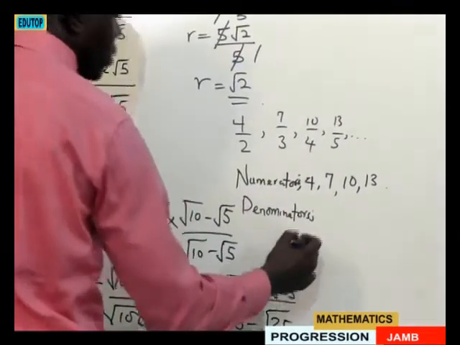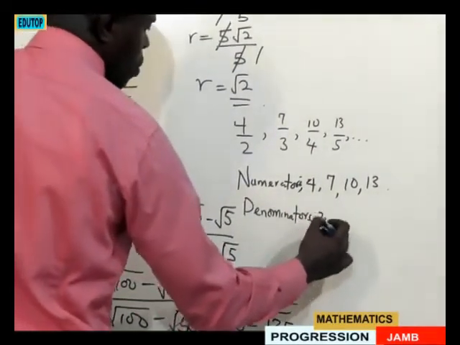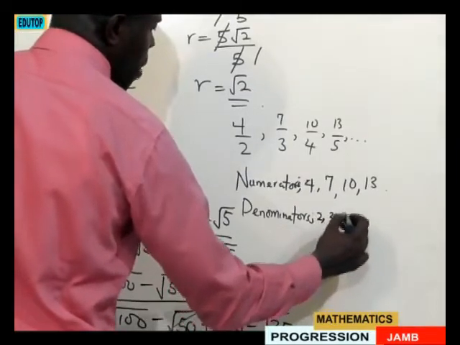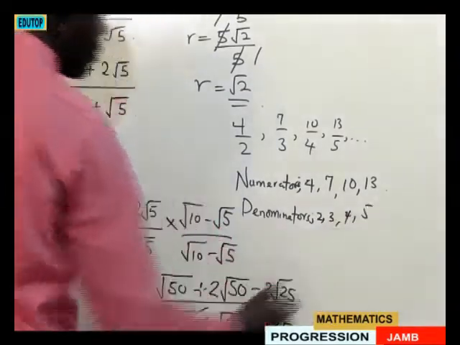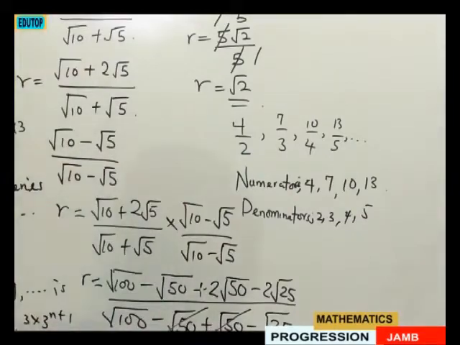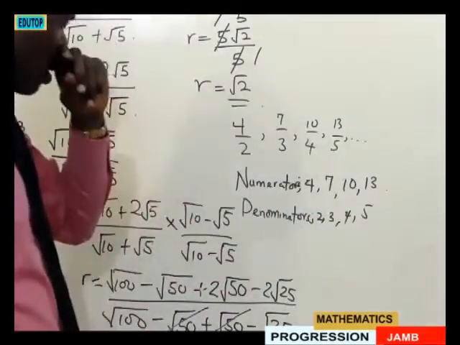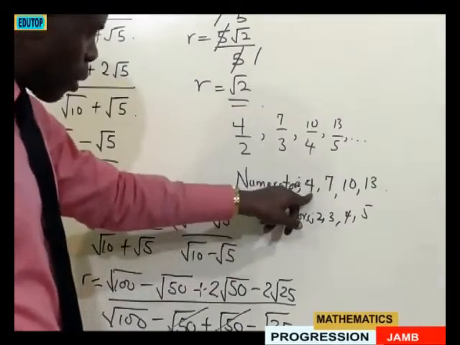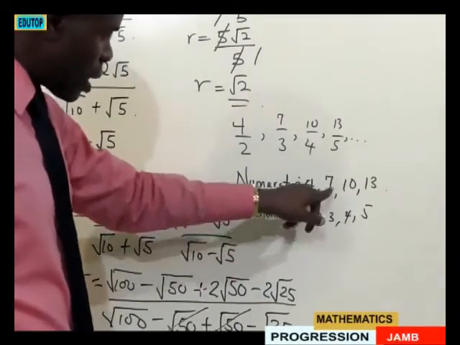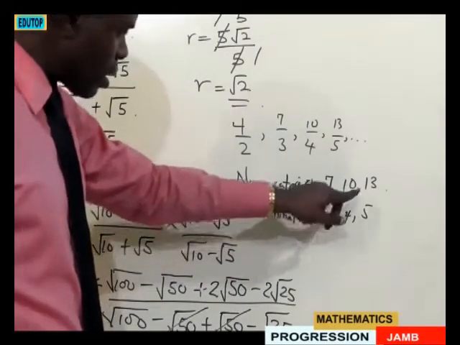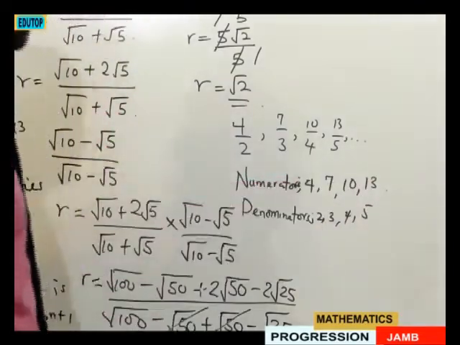Then our denominators are 2, 3, 4, 5. If you look at this very well, you discover that this follows a pattern, because we can see that 3 plus 4, 7, 3 plus 7, 10, 3 plus 10, 13. You can see that that follows a pattern.